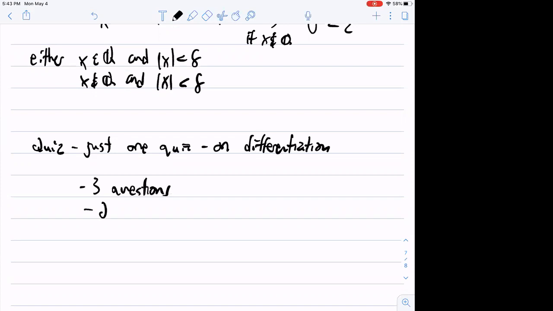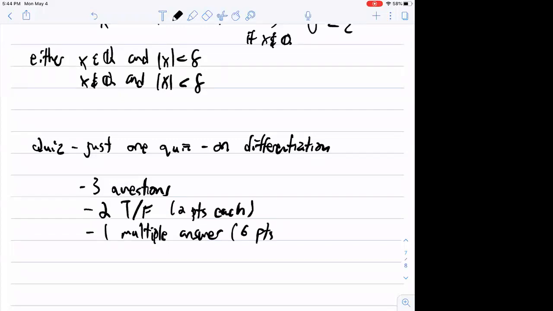I think it's 2 true/false and 1 multiple answer. 2 points each, so this is 6 points. Multiple answer is sort of like multiple choice, but there could be more than one answer, like choose the following that hold.